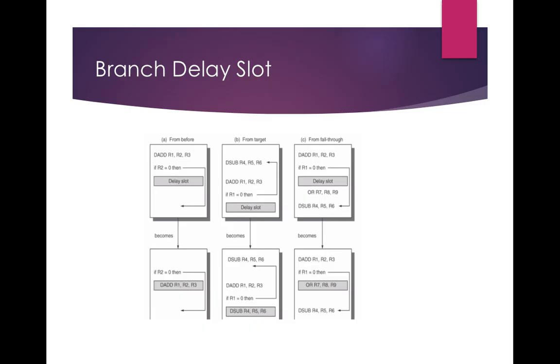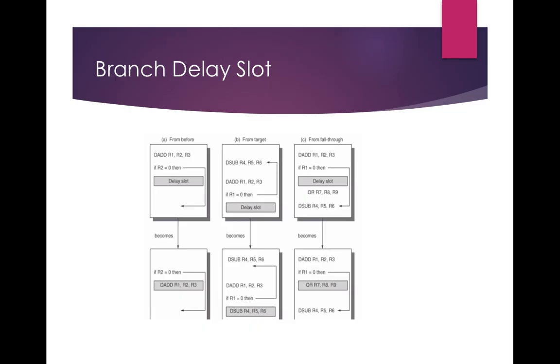In order to resolve the delay slot, we can make some provision, doing some useful work during the delay slot. In this slide, from the first diagram you can see the delay slot occurs after the branch instruction, whether the branch is taken or not. The previous instruction, add R1, R2, R3, is not a data dependence, because we are not storing the result into R2.